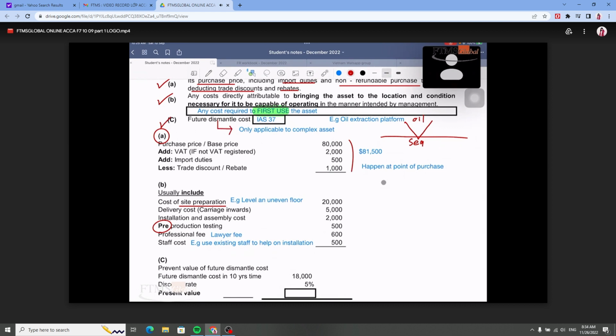An example of a complex asset is this oil extraction platform. Okay, that's the first thing. Future dismantle cost is not applicable to all assets, only to complex assets. Example is the oil extraction platform.